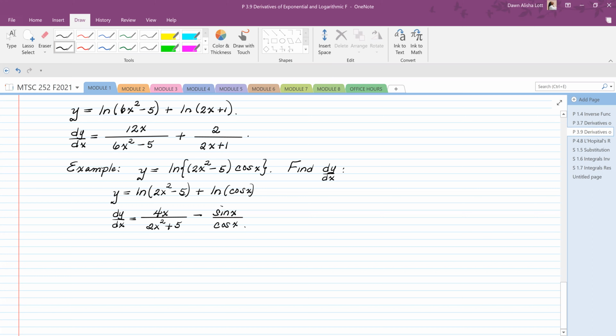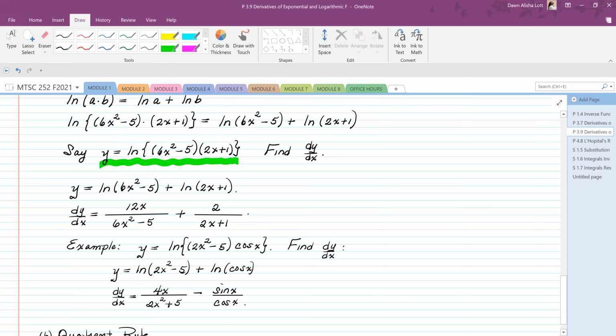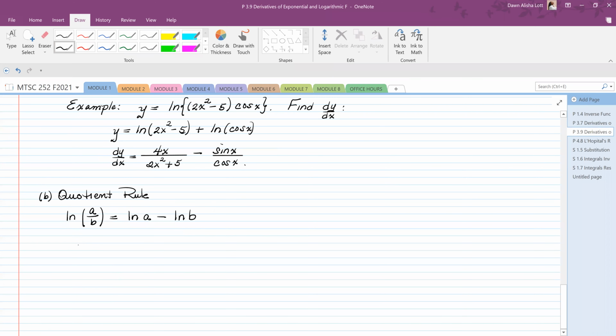Okay, let's go on to the quotient rule. So the quotient rule says the log of A divided by B is the natural log of A minus the natural log of B. So say I have the log of 2x minus 31 divided by 2 plus cosine x.